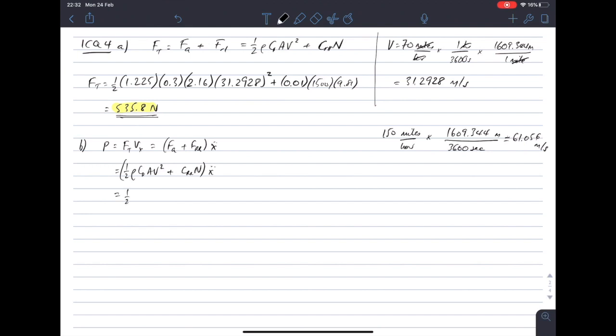So we've got 1/2 rho, which is 1.225, CD was 0.3, A was 2.16 meters squared, and then V squared, so 61.056 squared, plus 0.01, which is our coefficient of resistance, and the normal force, which is mg, so 1500 times by 9.81. And that is multiplied then by 61.056.